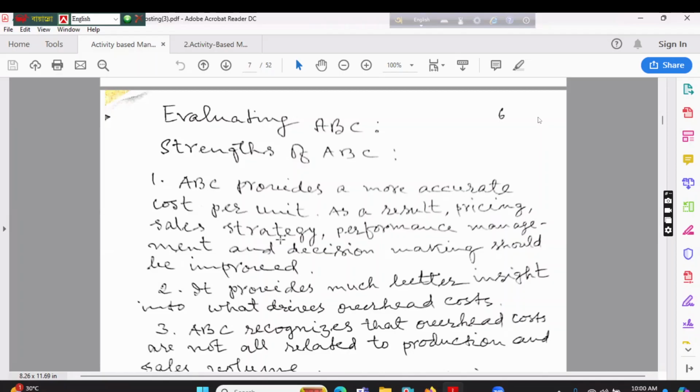ABC does overcome distortions inherent in traditional cost information based on step-down allocations using only volume-driven drivers.